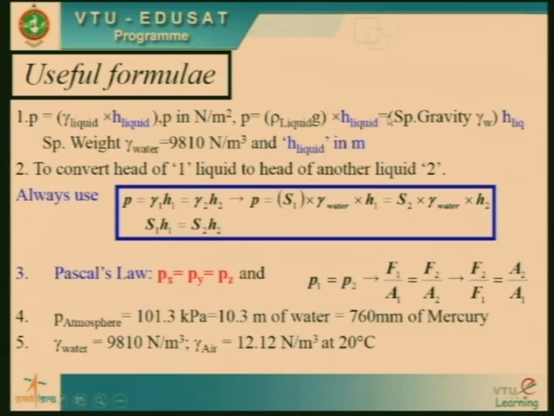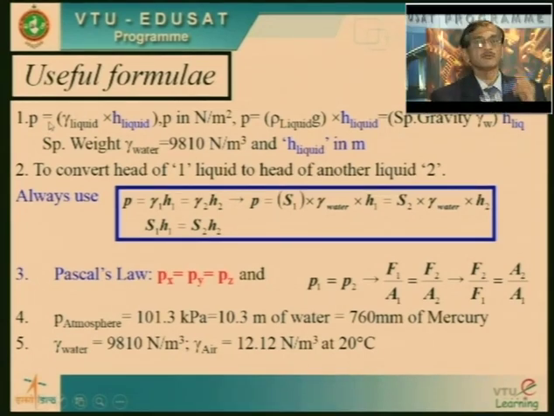Sometimes we represent this equation as the specific gravity of the liquid into the specific weight of water, which is 9810, into the height of the liquid. Is it okay? So we are going to use this concept of the hydrostatic law to solve many problems today.